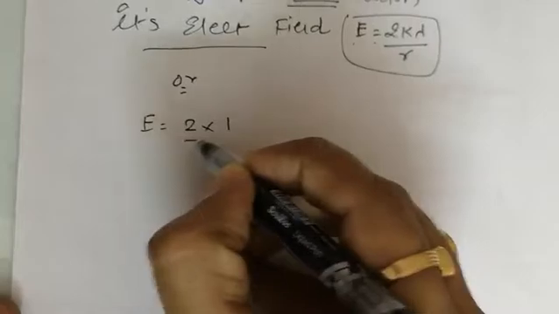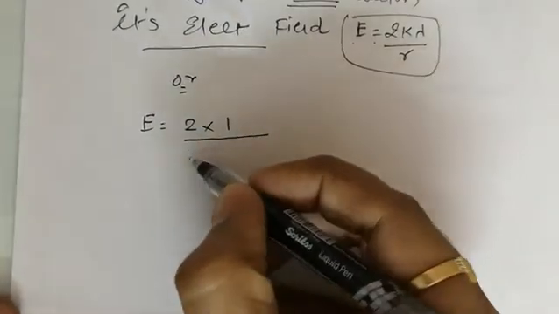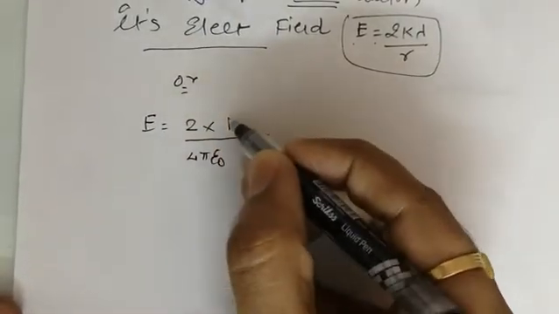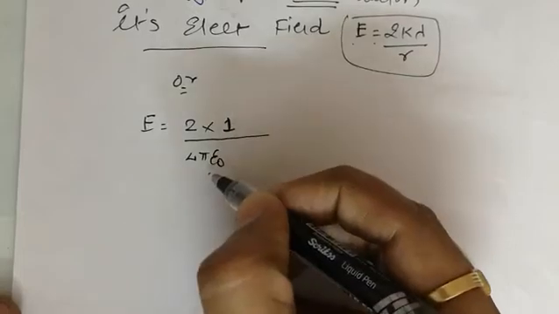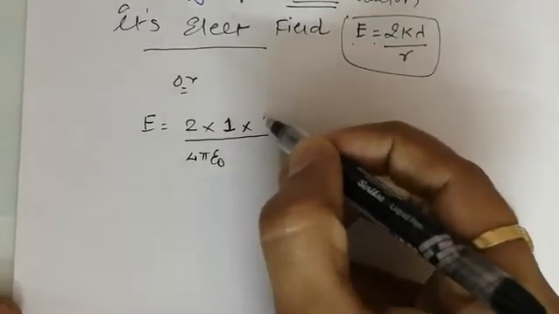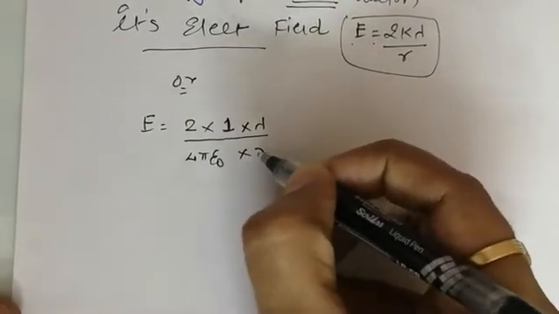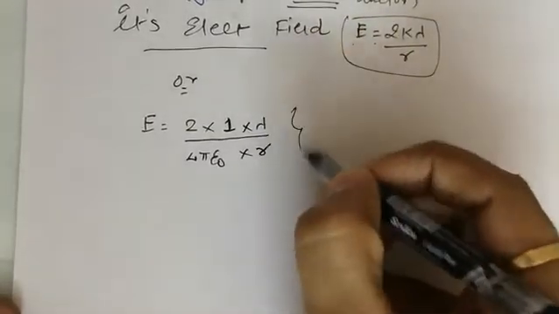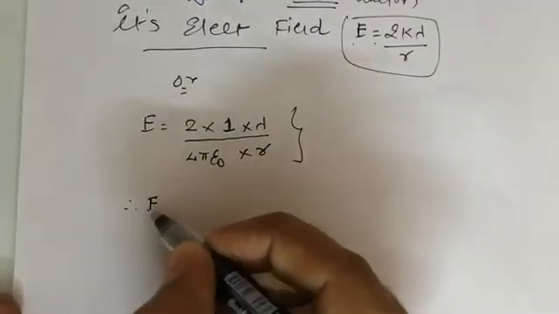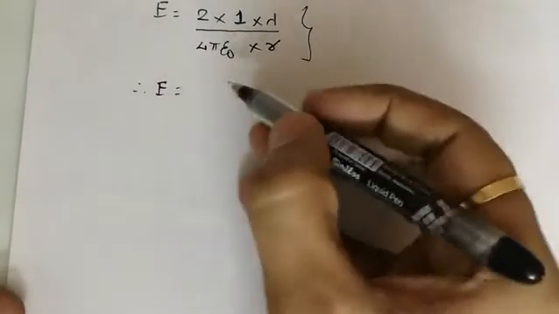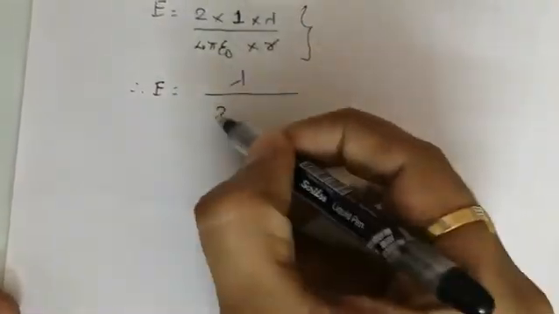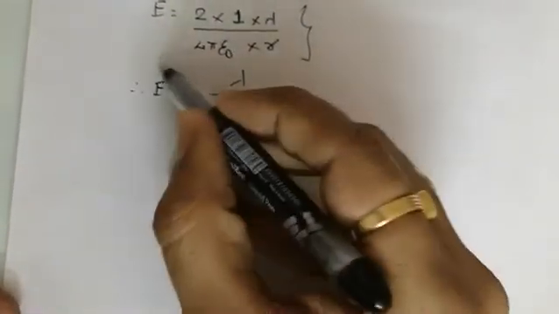K is Coulomb's constant, which is 1 upon 4 pi epsilon 0. Lambda is the linear charge density, and R is the distance. So we can also write E equals lambda by 2 pi epsilon 0 R.